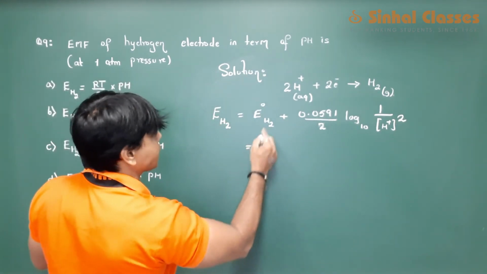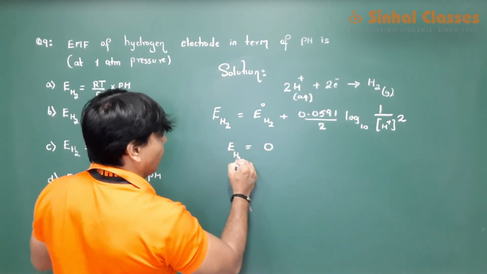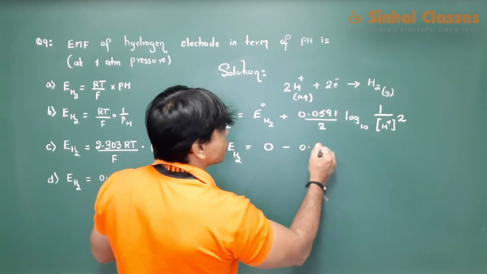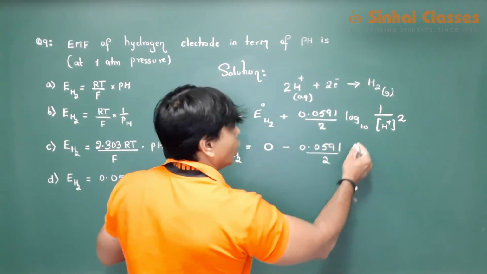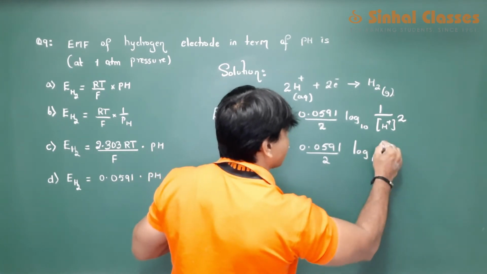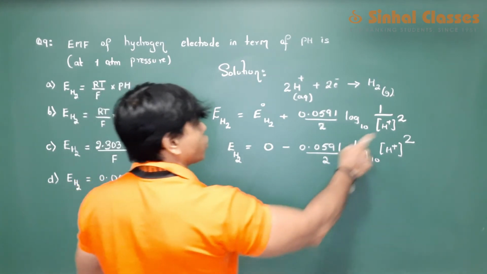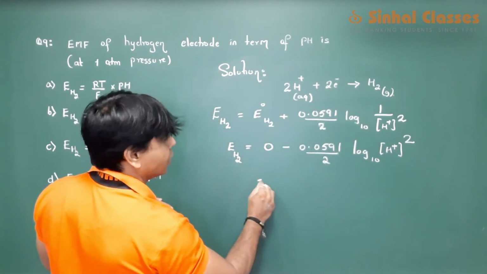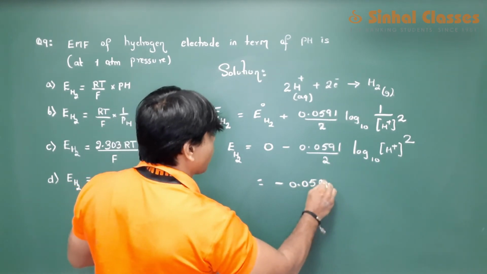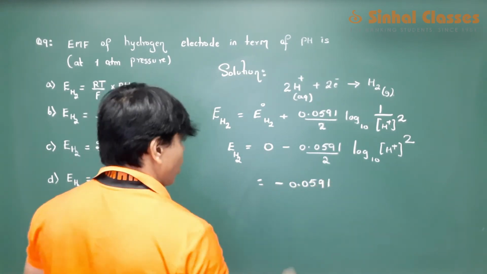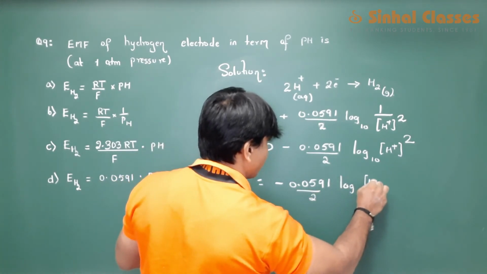Now E naught for hydrogen is taken as 0. This will be minus 0.0591 upon 2 log to the base 10 of H plus into square. So this 2 and 2 later on will get cancelled. So it will be minus 0.0591 into log to the base 10 of H plus.